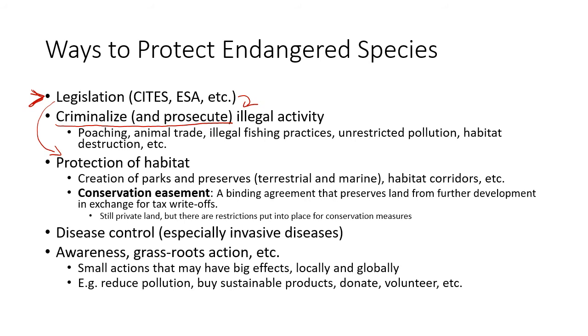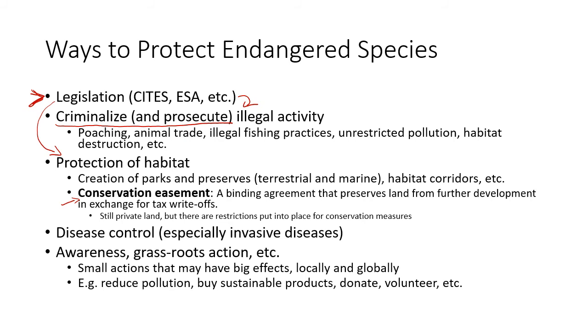Okay. And one notable thing in here is a conservation easement. This is a binding legal agreement that preserves land from further development in exchange for tax write-offs. So it's still private land. With a conservation easement, you still own your land, but you're given tax write-offs to compensate for the losses you're getting from not using that land.